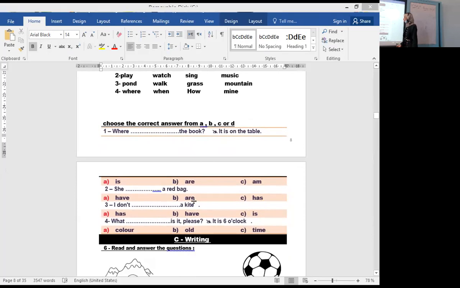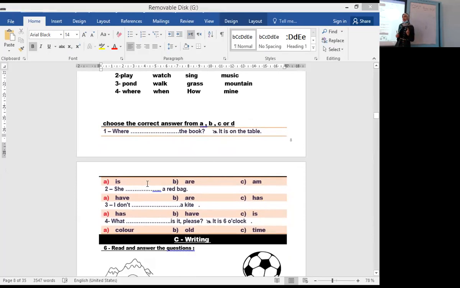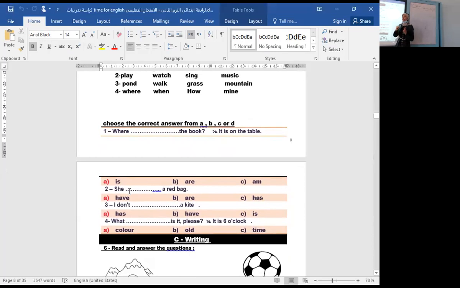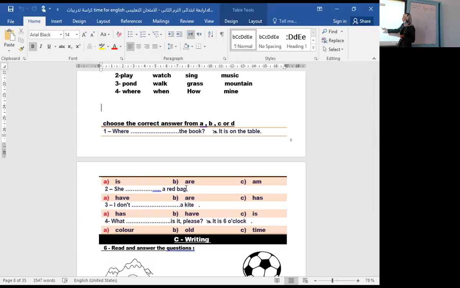So what can we say, is the book singular or plural? Singular. That's great. So with singular nouns, we have to choose am or is or are. The book is singular. So we can choose is. So we can say, where is the book?